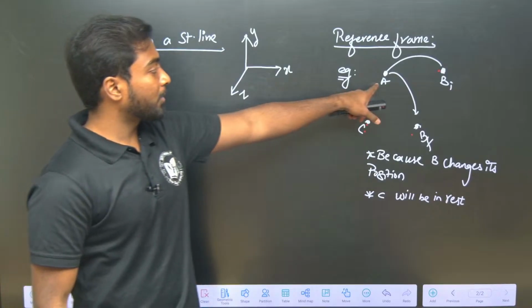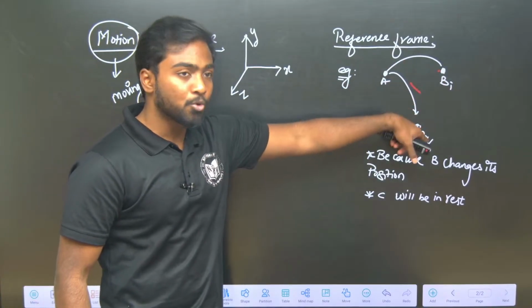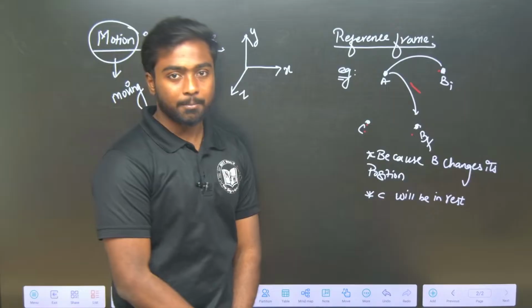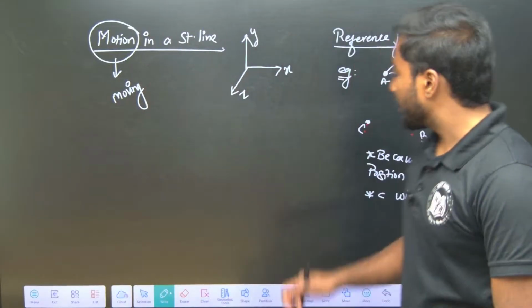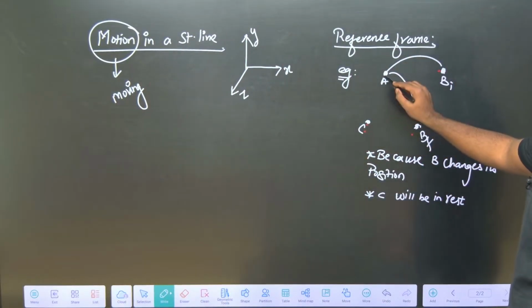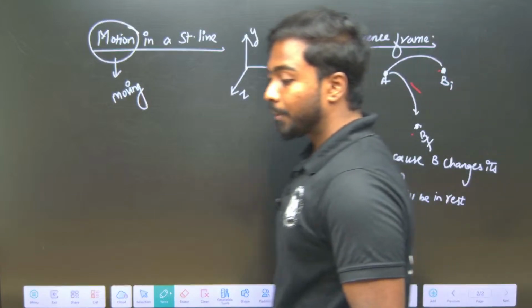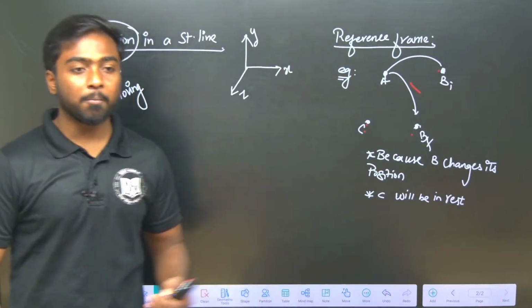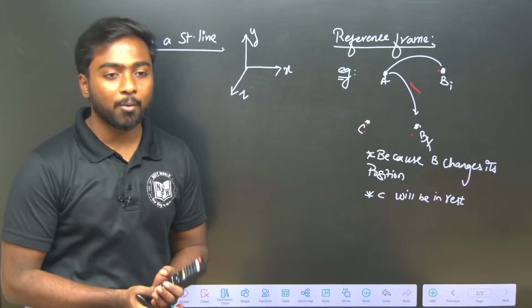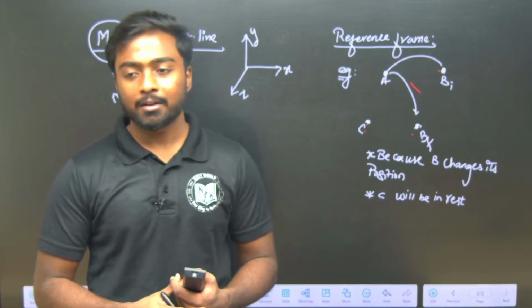So with respect to A, B is in motion and C is at rest. So with respect to some objects, we can say objects are in motion or at rest.